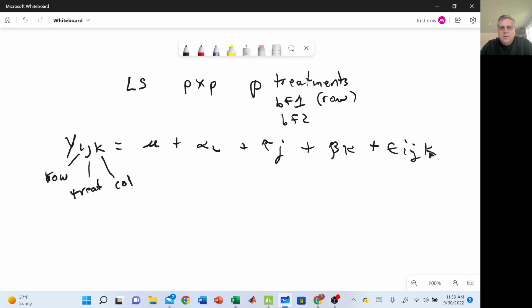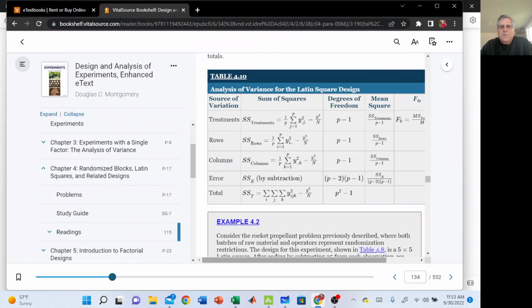If you look at the textbook, you can see that there's only (p minus 2) times (p minus 1) error degrees of freedom, which means in the case of a 4x4, which is what we're going to do, you really only have 2 times 3, or 6, error degrees of freedom, meaning 6 independent residuals. 10 out of the 16 can be determined from the fact that the sum across any row has to be 0, the sum across any treatment has to be 0, the sum across any column has to be 0, and the sum across all of them has to be 0.